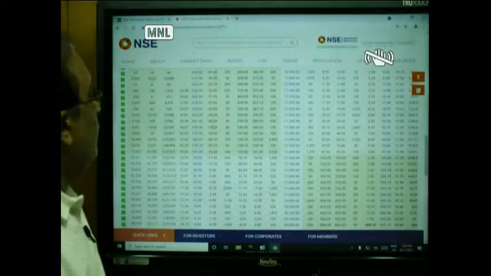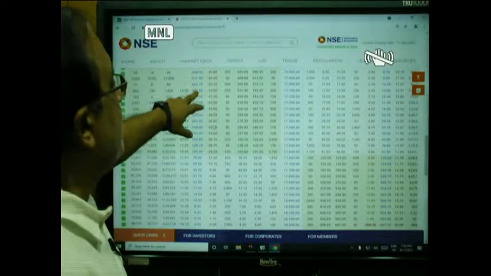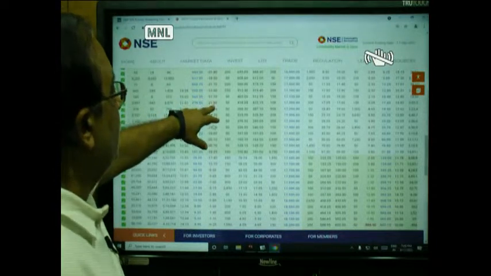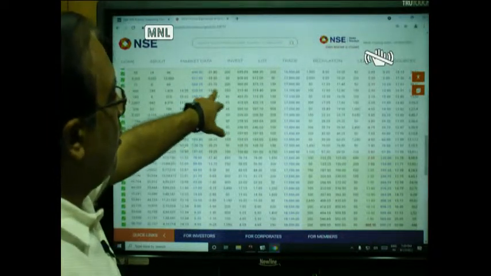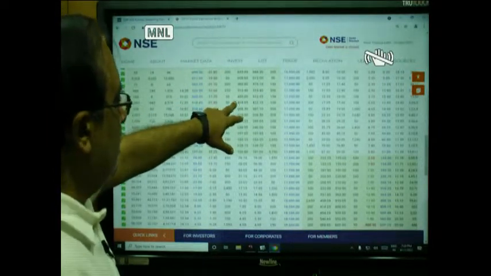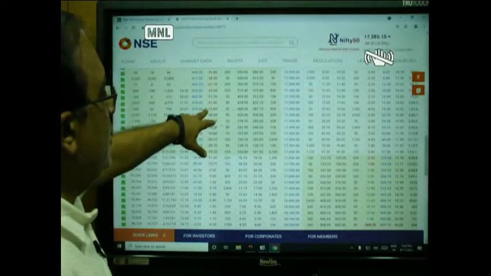So I think there is something wrong in this calculation. It cannot be something like this. There is some abnormality as far as the option closing prices are concerned.